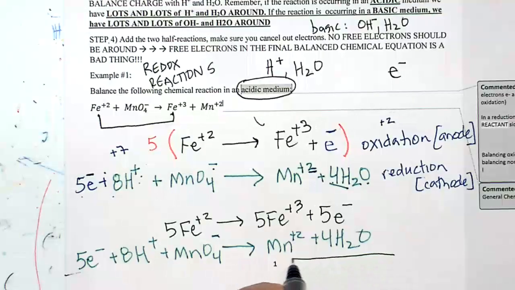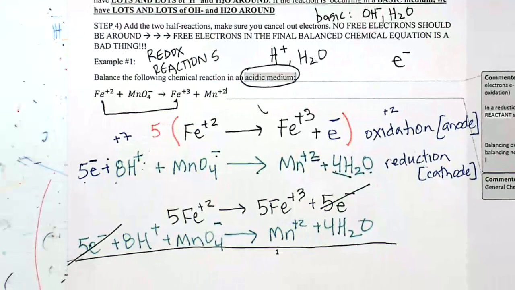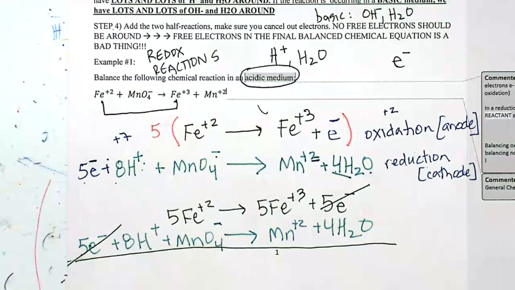And I think we are almost done here. This 5 and that 5 cancel. This is what you want. You don't want free electrons floating around.